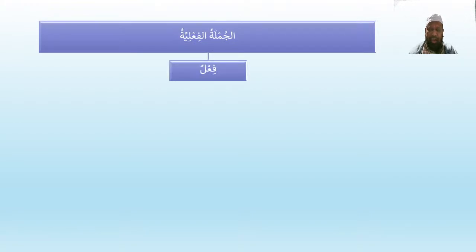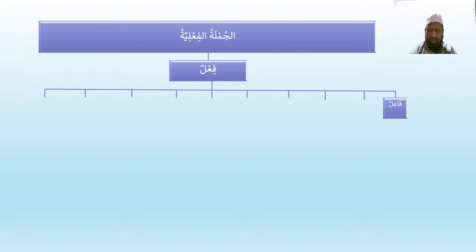So these are the slots of al-Jumlatul Fi'aliyah. We've been going through this all the time, inshallah. So it reminds us, and we know it's fresh in our mind. The main slot of the al-Jumla Fi'aliyah is the fi'l itself. Then every fi'l needs a fa'il. If the fi'l is ma'loom, it needs a fa'il, and if the fi'l is majhul, it needs a naibu fa'il.